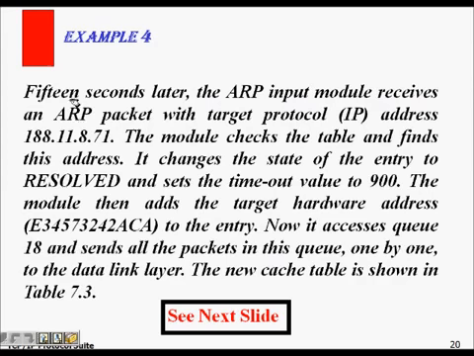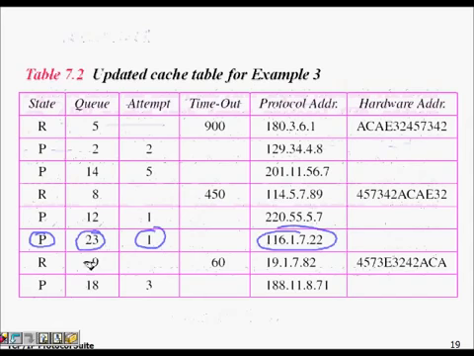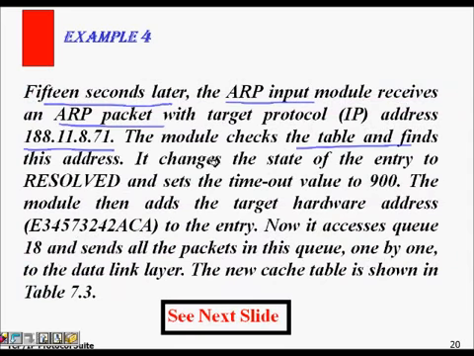Then what happens 15 seconds later? Again, 20 seconds later that request came. Now 15 seconds later, the ARP input module receives an ARP packet with target address 188.11.8.71. The module checks the table. So this is the IP address, and the ARP input module receives an ARP reply.